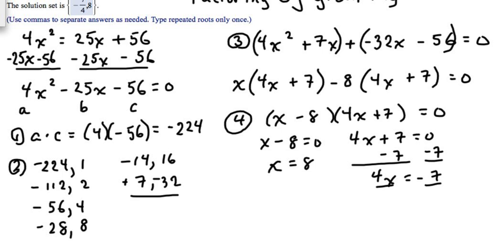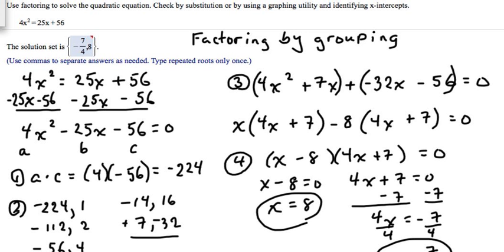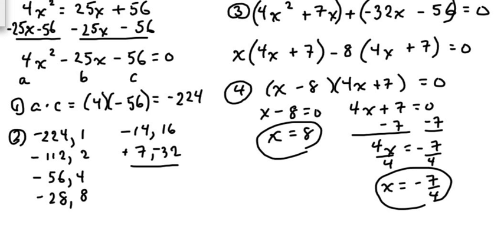We divide both sides by 4, and we get x equals negative 7 over 4. So those are our two answers. And as you can see, that is what we got as far as the solution that we saw for the solution set.